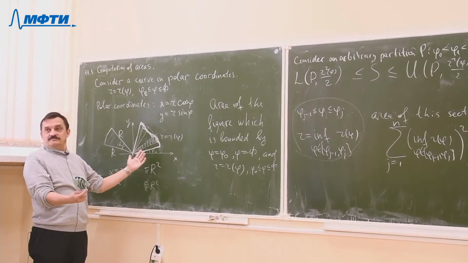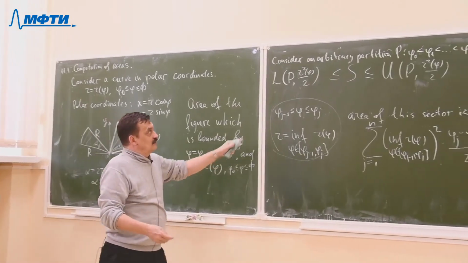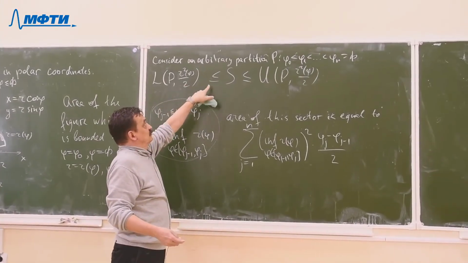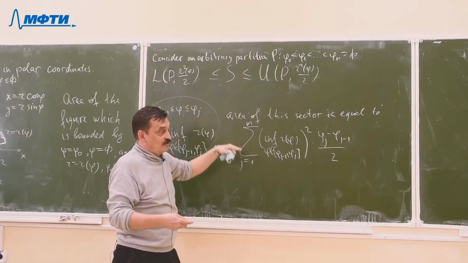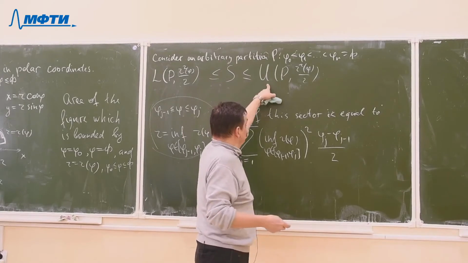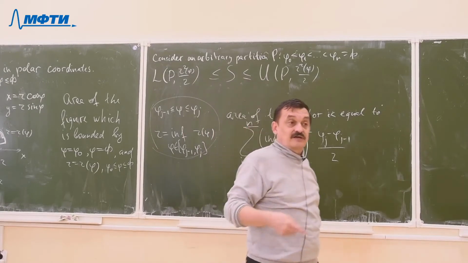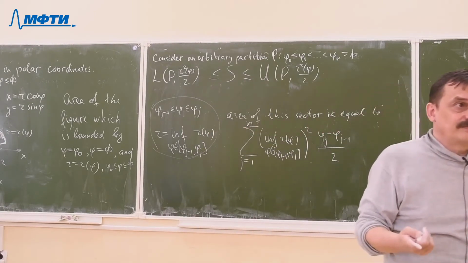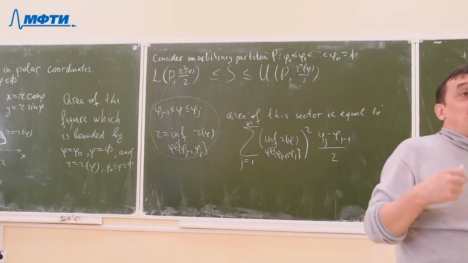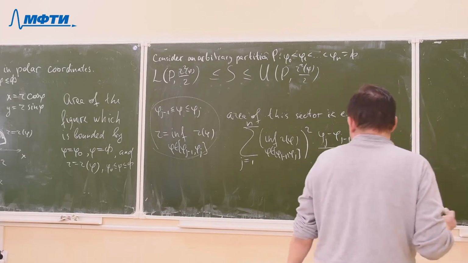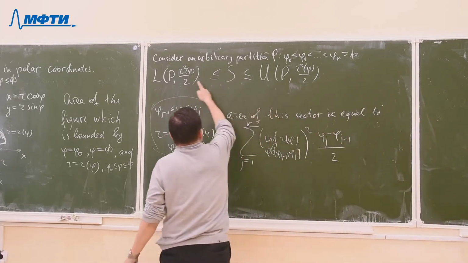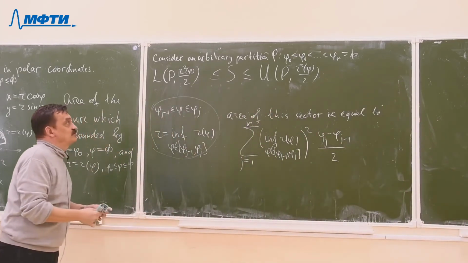So the lower double sum is for sure less than or equal to the area of our figure. The upper double sum is greater than or equal for sure. And that is valid for an arbitrary partition. So we have this inequality for an arbitrary partition.